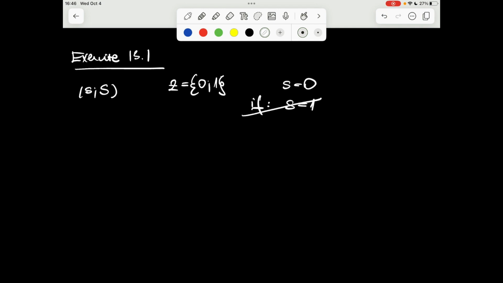So s equal to 0 is the only reasonable policy for the firm in terms of the critical level where it's supposed to place its order. Okay, so what we are looking for is the optimum order size.